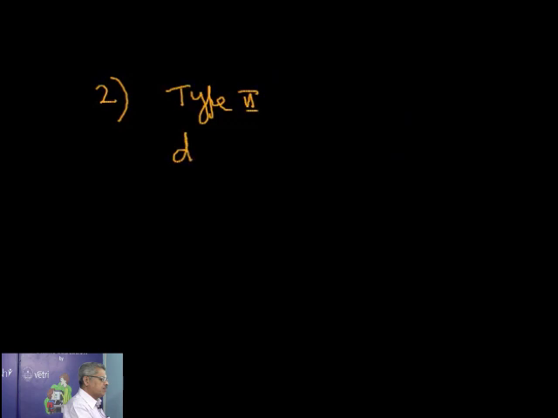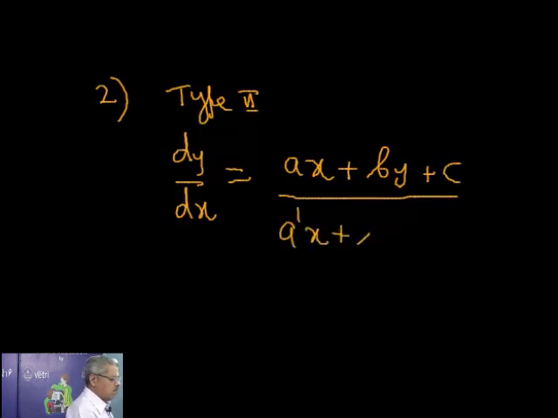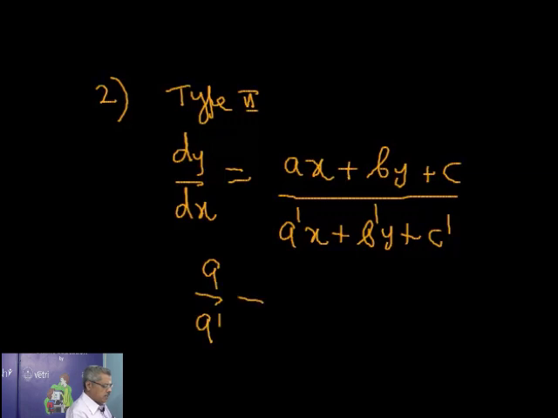Now, today we will discuss type 2 under non-homogeneous type. That is, dy by dx is equal to (ax plus by plus c) divided by (a dash x plus b dash y plus c dash), wherein a by a dash is not equal to b by b dash.